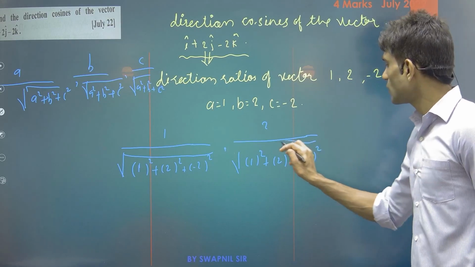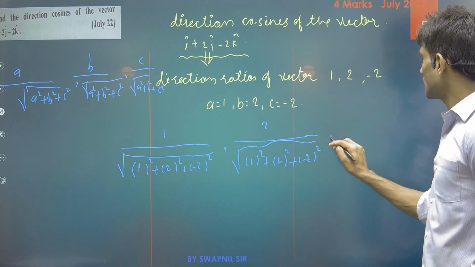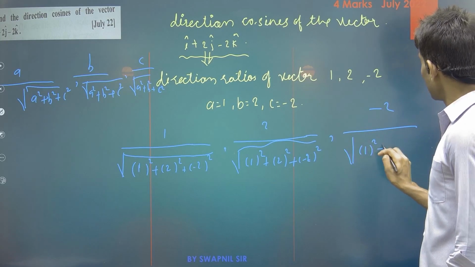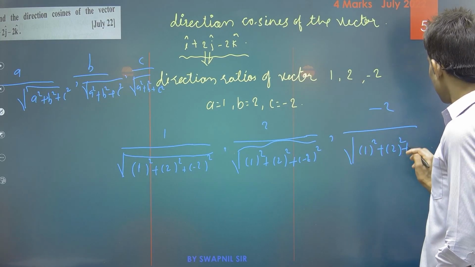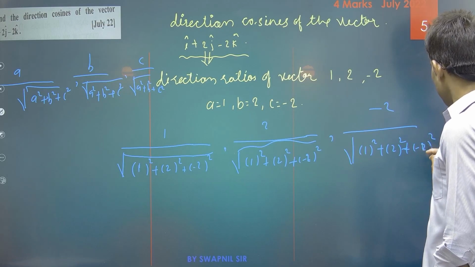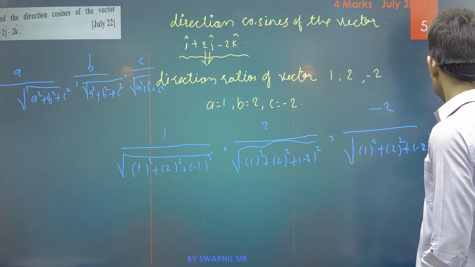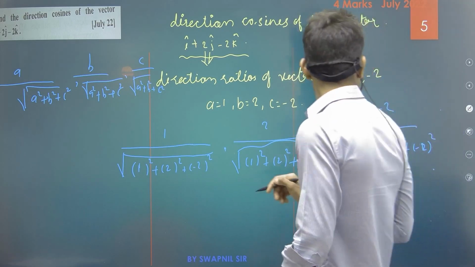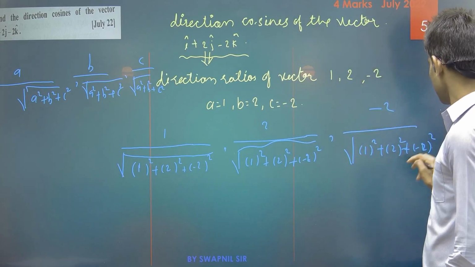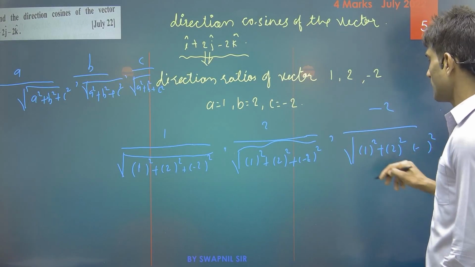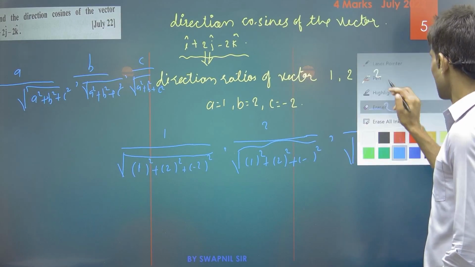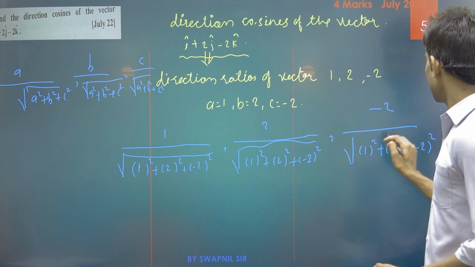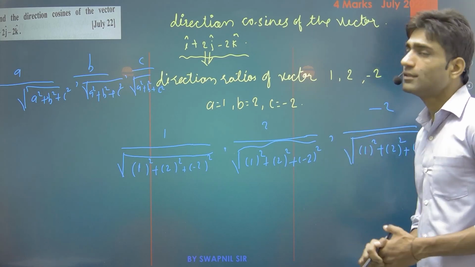And the third direction cosine can be written as -2 upon square root of 1 square plus 2 square plus (-2) whole square. This one is our required direction cosines.